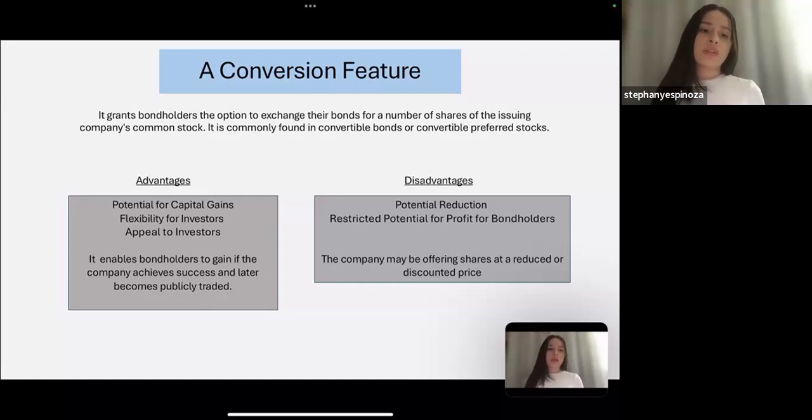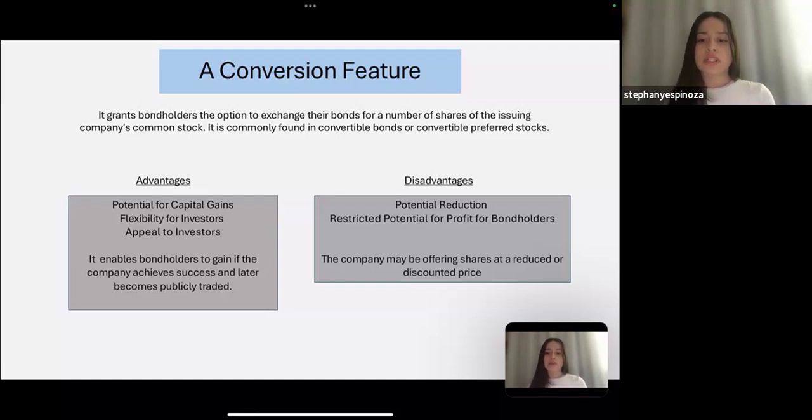Another one will be flexibility for investors. It will provide investors with the option to convert their fixed income security into equity. It allows them to be part of the company's growth and potential dividends. Another advantage will be the appeal to investors.